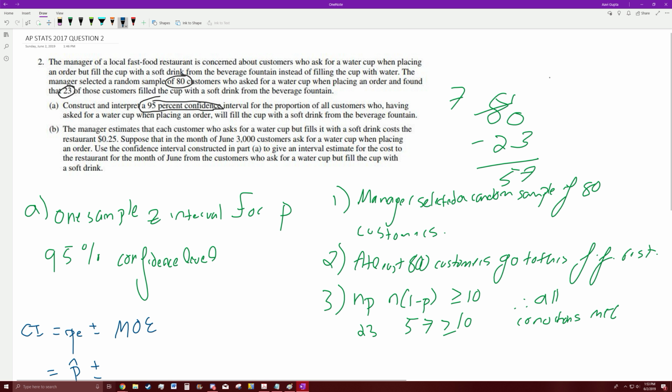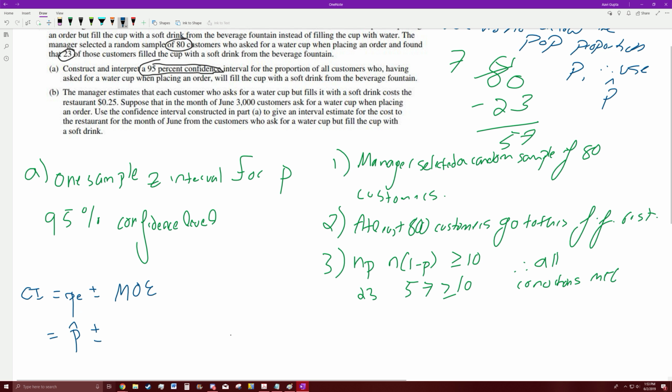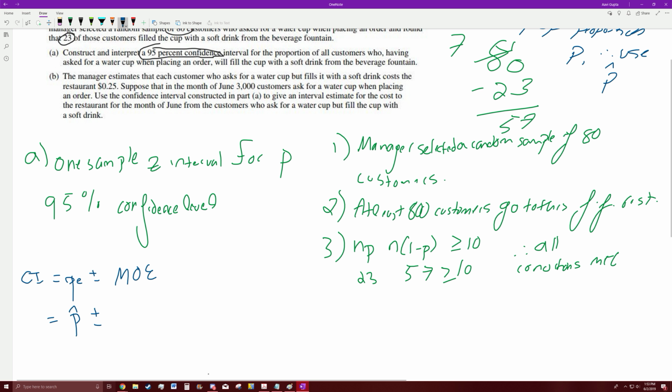Or rather, sorry, we do not know the population proportion P. Therefore, use p hat. You can say that probably in the state step. So p hat plus minus margin of error.